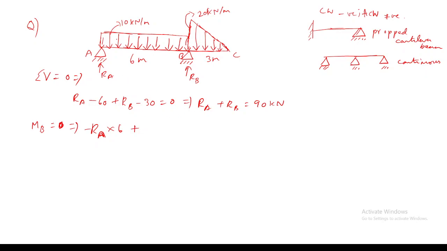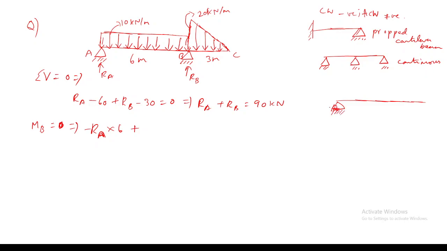Now, the total force due to this uniformly distributed load will be acting at its centroid. You are getting what I'm saying, right? Yes. For example, I can redraw this same figure.